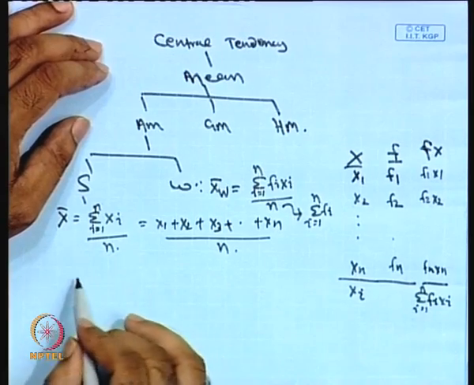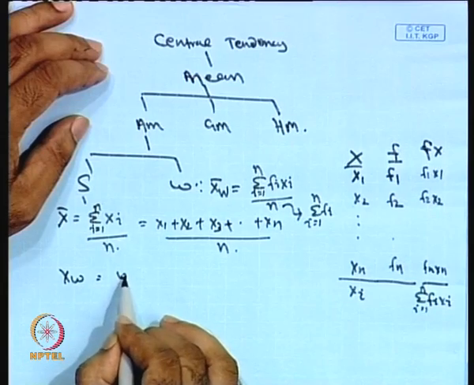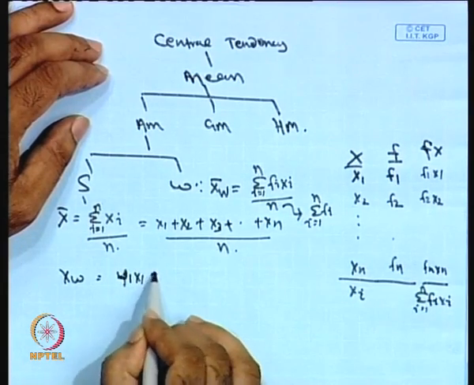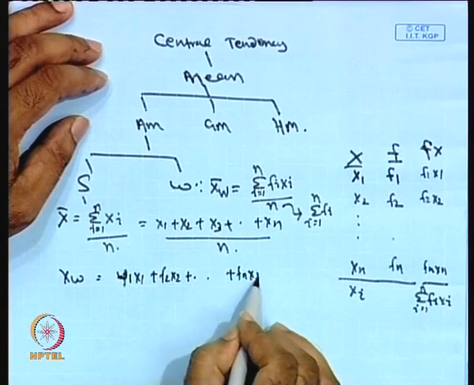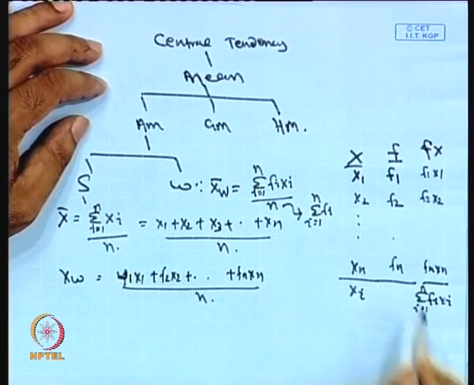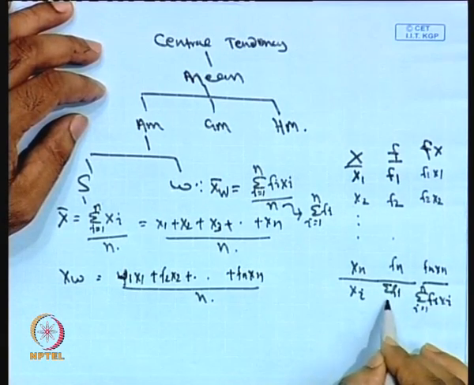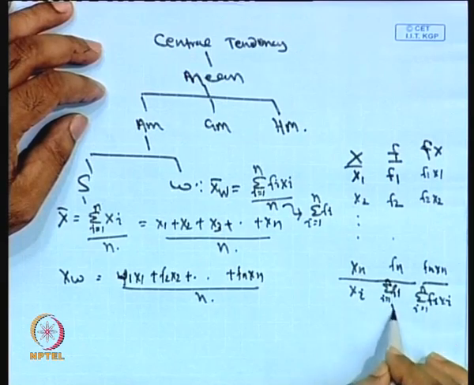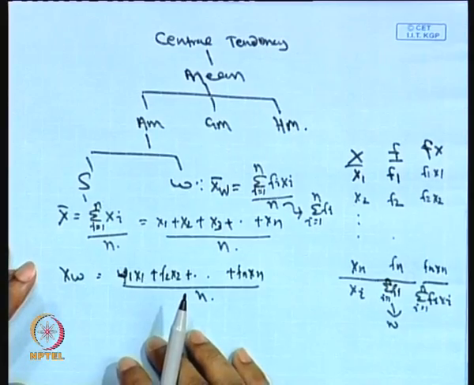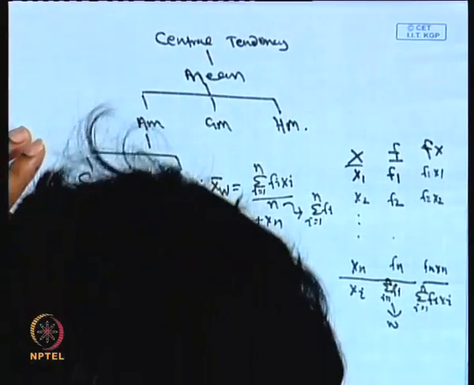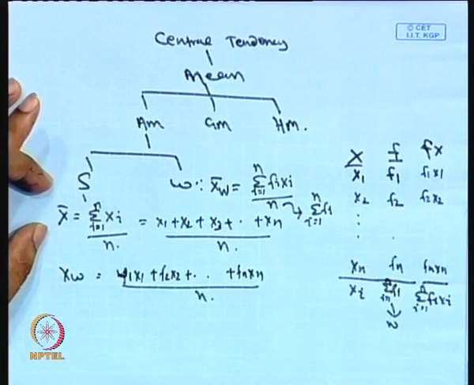That means x bar w is nothing but f1 x1 plus f2 x2 plus up to fn xn divided by n, where n represents the sum of fi, i equal to 1 to n. This is the structure of weighted average, and this is the structure of simple arithmetic mean.